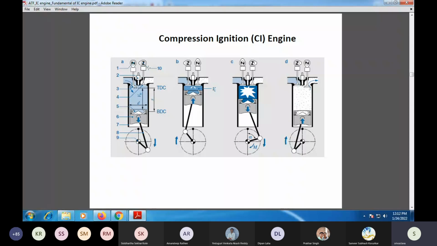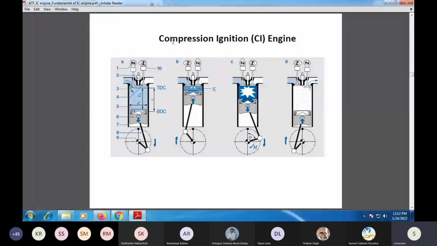But in the compression ignition engine, the combustion takes place only because of the compression. It is compressed to such an extent that the pressure and temperature inside the combustion chamber are too high, and then when the fuel is injected, the combustion takes place. Therefore we call it a compression ignition engine or the diesel engine.